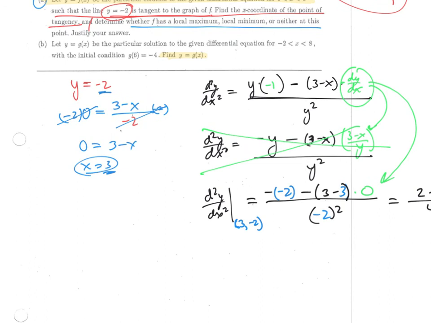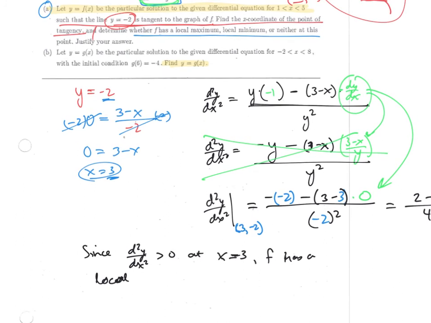And my conclusion is going to be, since the second derivative is greater than 0 at x equals 3, or you could say at the point (3, negative 2), f has a local, or relative, let's say local, greater than 0 is concave up, so this is me picturing it, it has a local minimum.